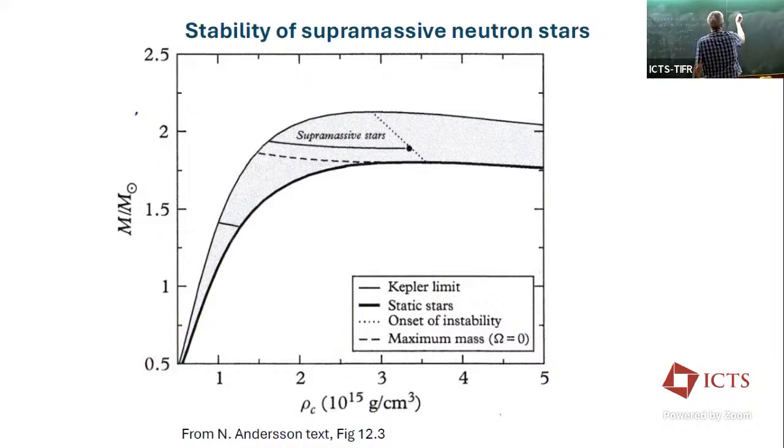So once again, we shrink the sun to r equals 10 kilometers. And for simplicity, let's assume that Q remains fixed in that process.